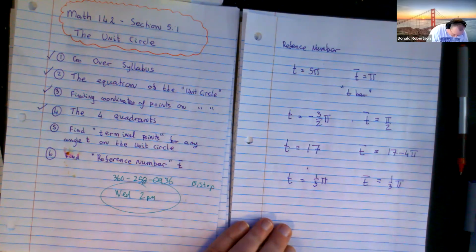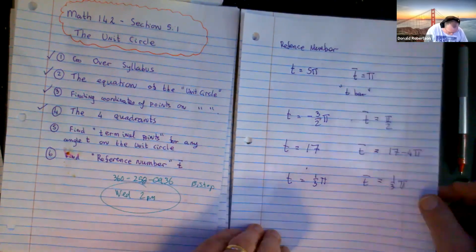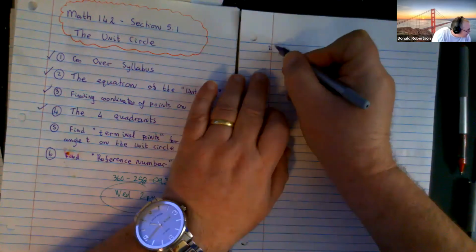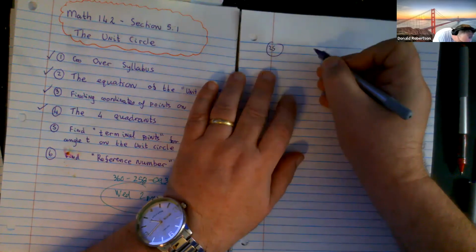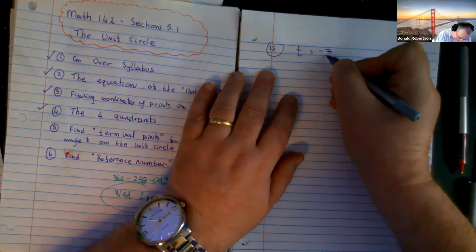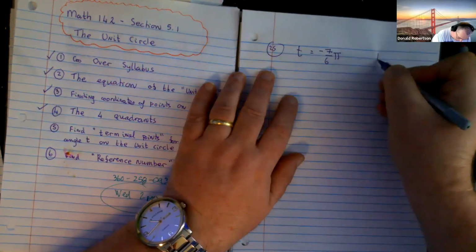Well, let's pick something from 25 then. And we're going to find reference numbers. And this one I'm going to pick is that guy. So we're going to find its reference number.